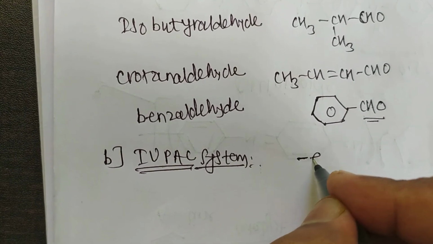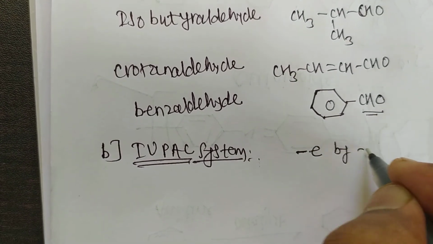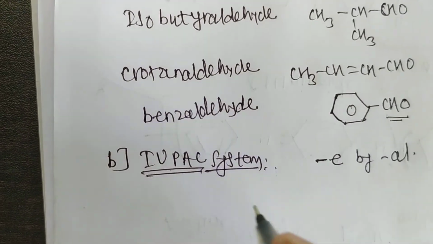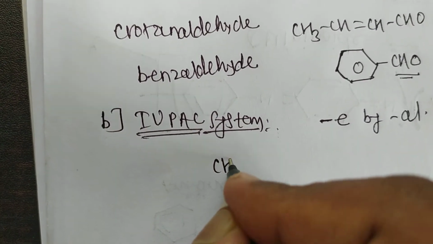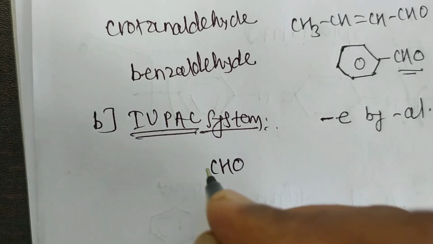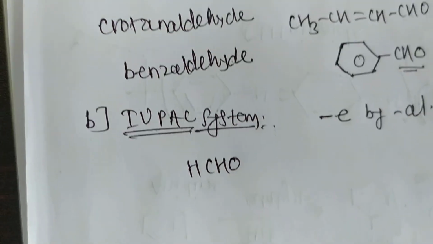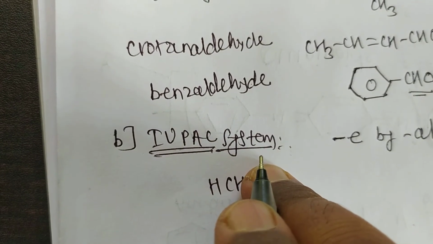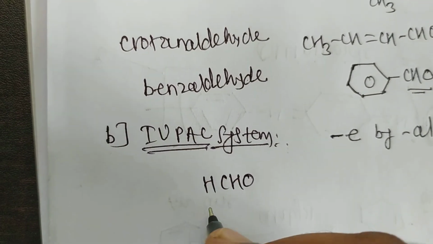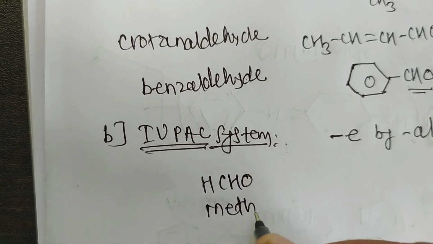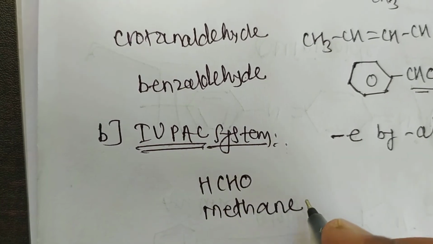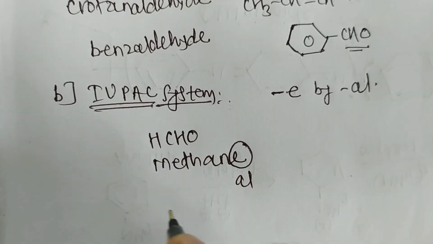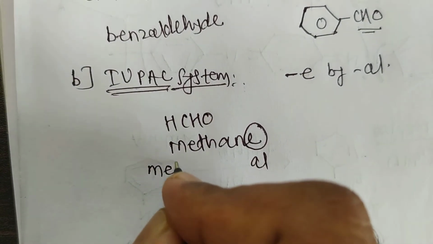If we study some examples, HCHO means only one carbon atom is present, and therefore it is a derivative of methane. The terminal E is replaced by Al, therefore it becomes methanal.